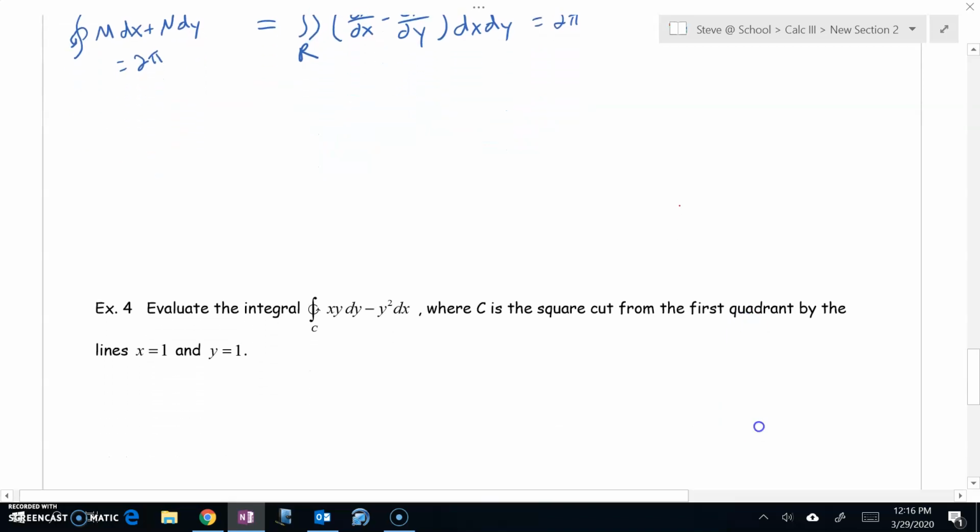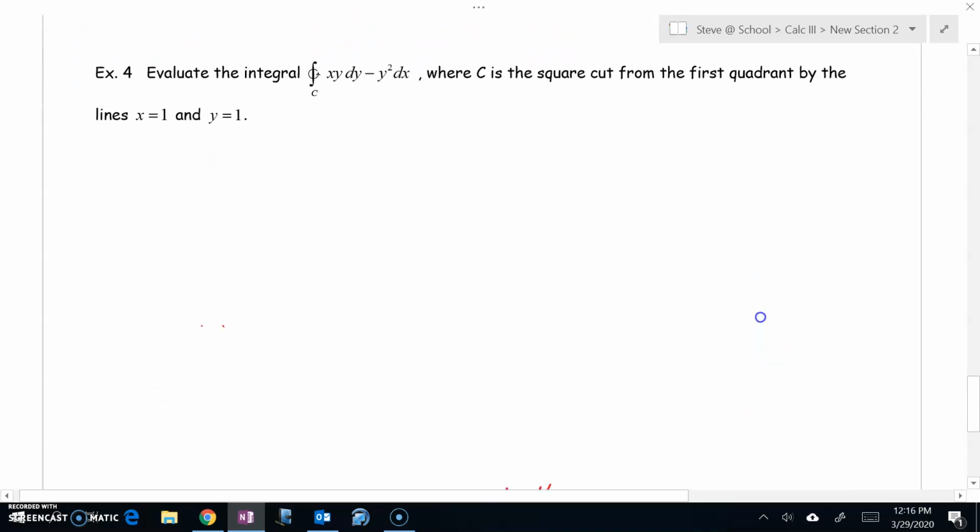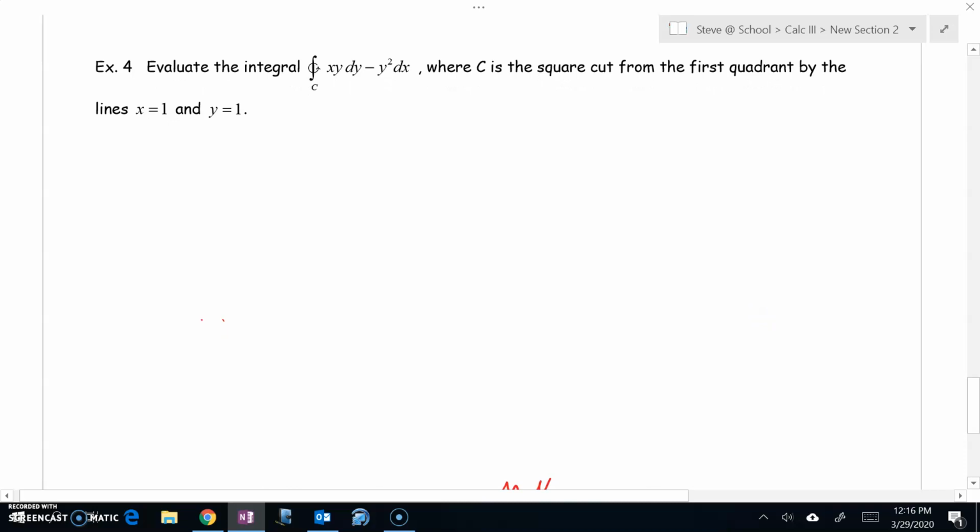So let's look at example 4 here on my note sheet. Evaluate the integral xy dy minus y squared dx, where C is a square cut from the first quadrant by the lines x equals 1 and y equals 1. Okay, so first quadrant, x equals 1, y equals 1. So that's our square there.